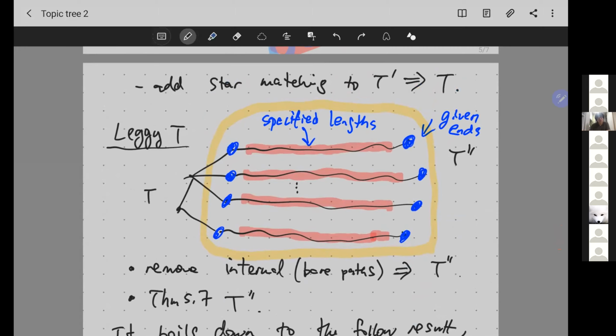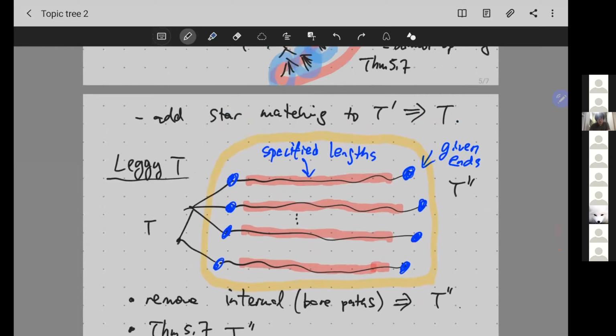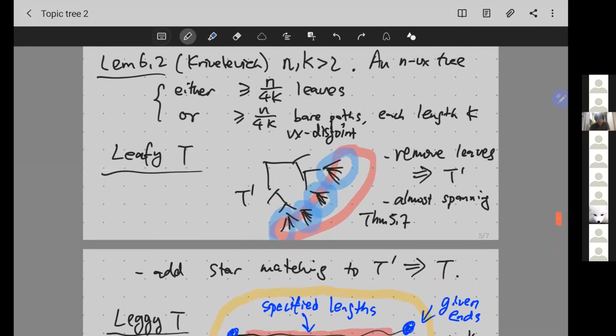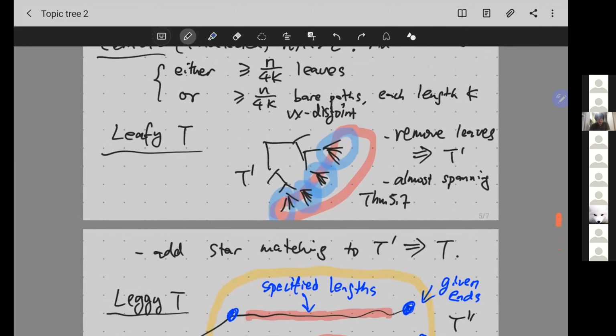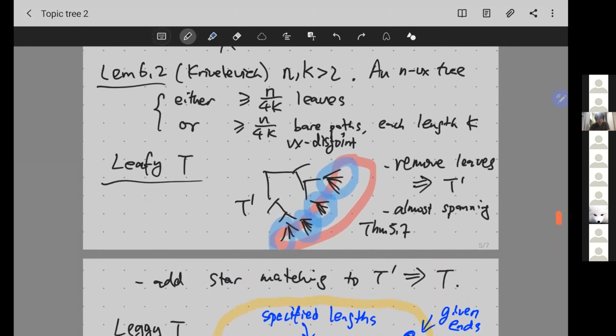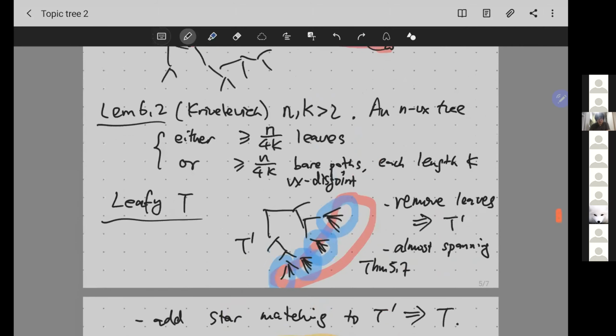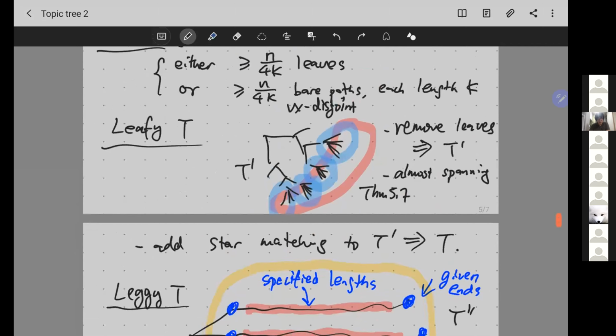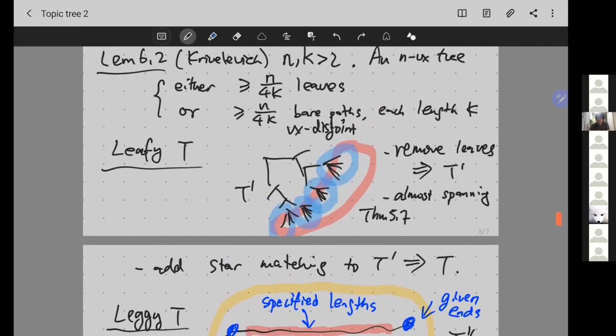It also gives universality. For leafy trees, you have to verify. This is where you lose the universality for the leafy trees. The simpler case can be done, because Richard proved it. But actually, I don't know how to do the leafy tree for universality.